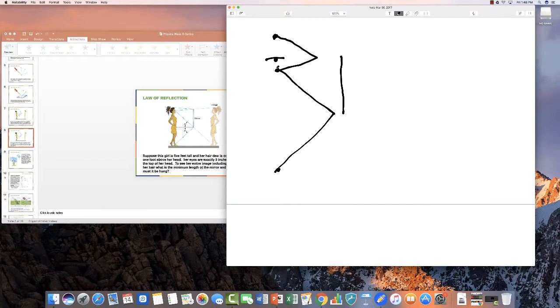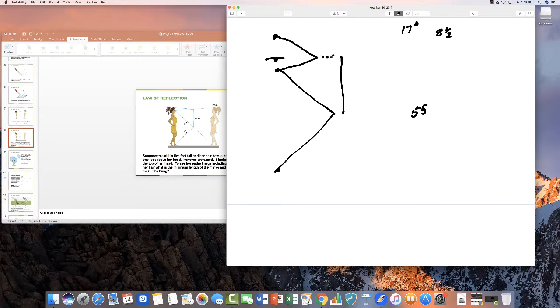Okay, so the distance from the eyes to the top of the hair is 5 plus 12, or 17 inches. And this is 60 inches, 5 feet, minus 5, so this is 55 inches. And half of 17 inches is 8.5 inches. So it's going to be 8.5 inches above and 8.5 inches below.